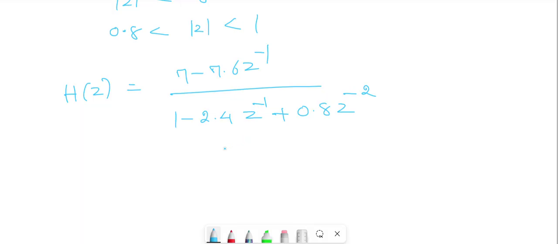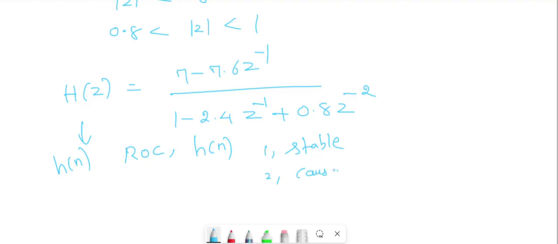So this is a system function. You have to specify the ROC of h of z and find the unit sample response h of n. So if you want to find h of n, take the inverse Z transform for the following conditions: for stable system, causal system, and non-causal, that is an anti-causal system.